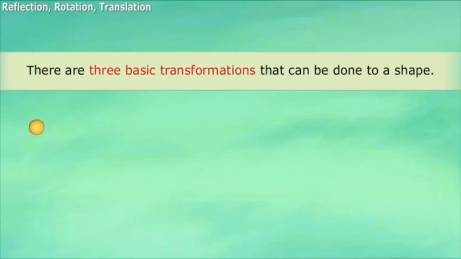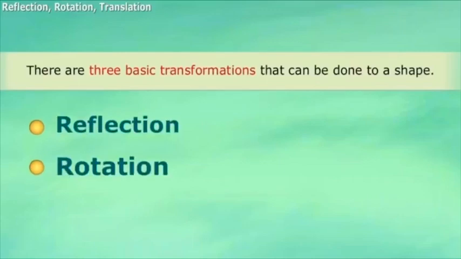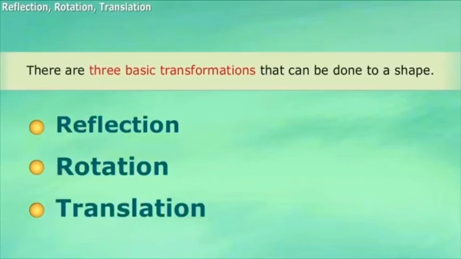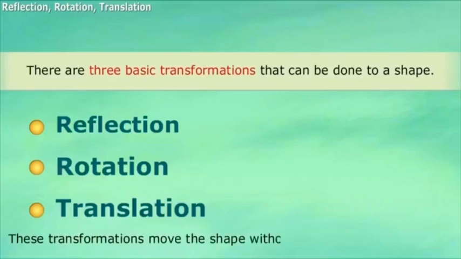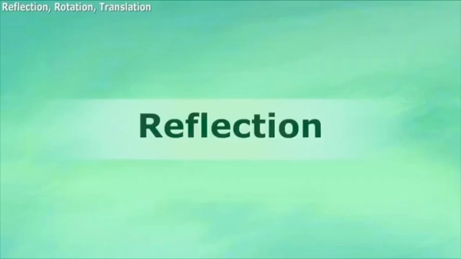There are three basic transformations that can be done to a shape. First, reflection. Second, rotation. And translation. This transformation moves the shape without making any change to the original shape.